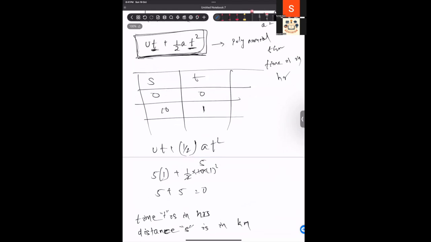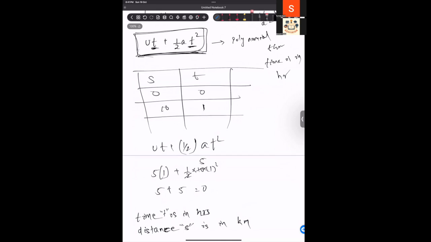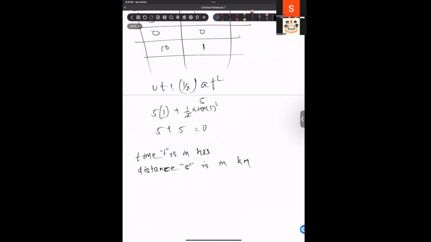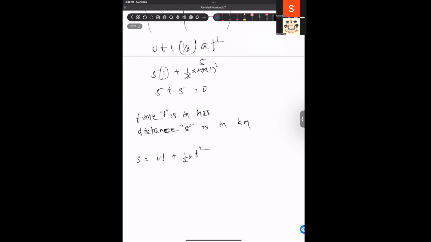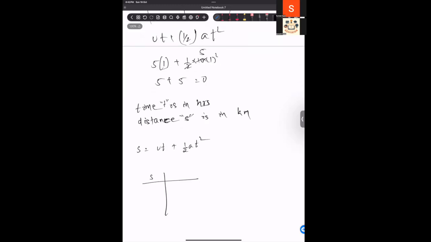Now t equal to 1, in 1 hour it traveled 10 kilometers, right? And then let's say if t equal to 2, now if I put the same expression s equal to ut plus half at square, and if I plot it, I mean if I extrapolate the points, for 0 it is 0, for 1 it becomes 10, so the table will be different.